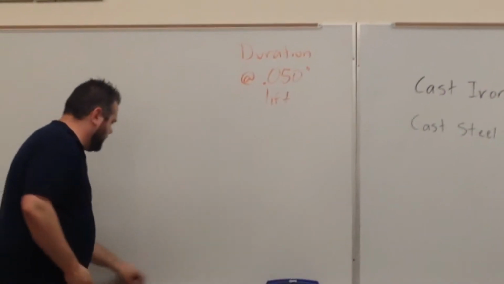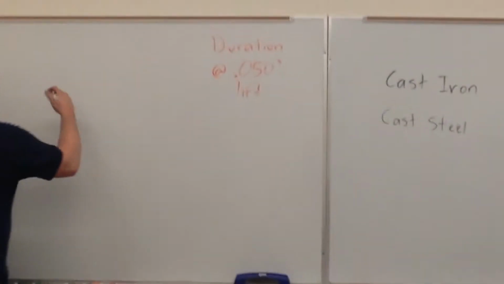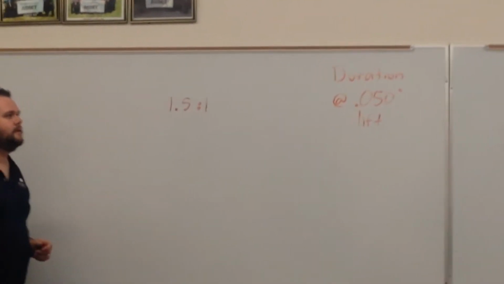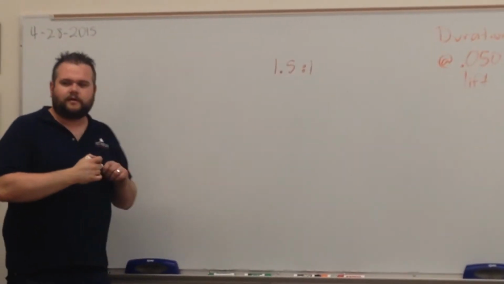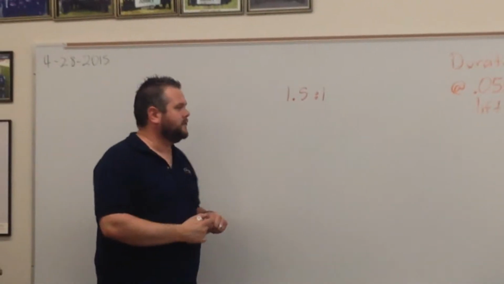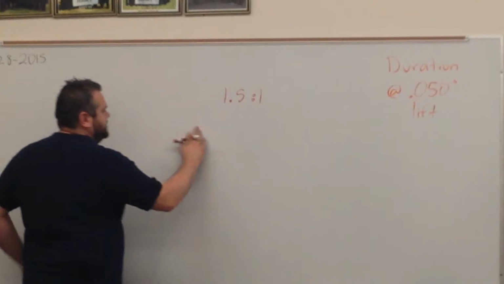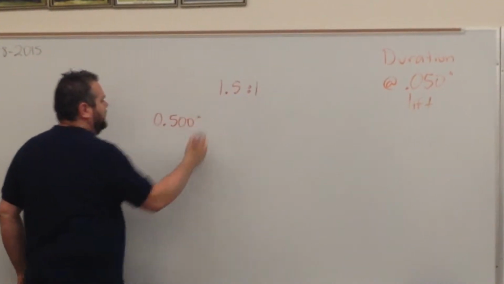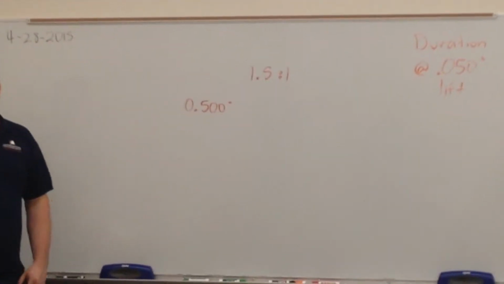So let's say as an example, we have a rocker arm ratio of 1.5 to 1. That basically means the rocker arm is going to push the valve 1.5 times what the cam created. So we'll just stick with some easy numbers here. We'll say that our lobe lift on our cam was 1/2 inch, 500 thousandths.